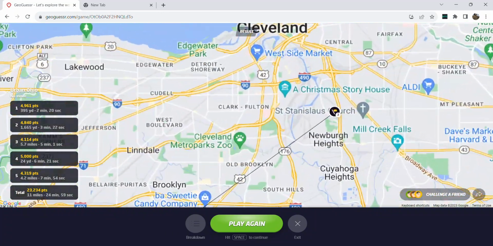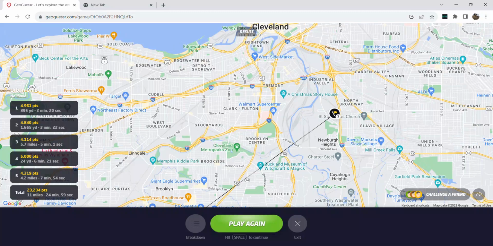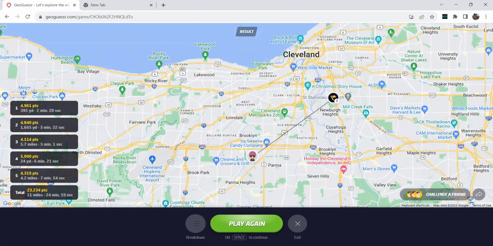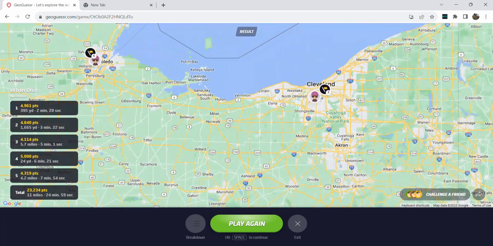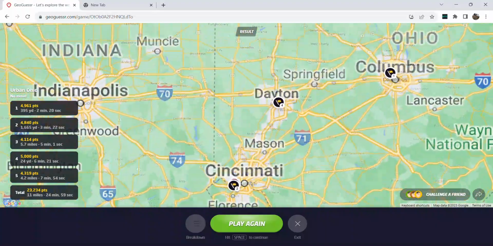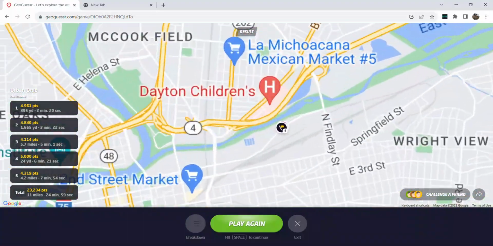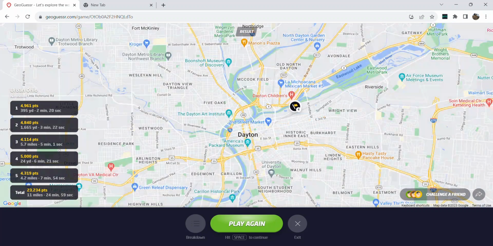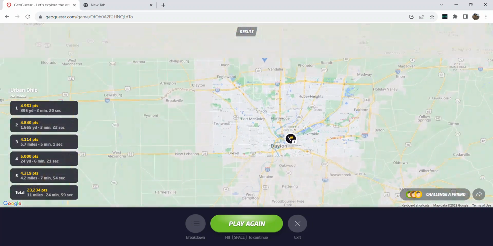Yeah, that street sign fooled me. It was blue, but it just wasn't Cleveland enough. At least I was on the right side of the city. Pretty proud about that. Then my 1.5K was right in Dayton, really close to downtown Dayton, actually, Dayton's Children's Hospital on the Mad River.